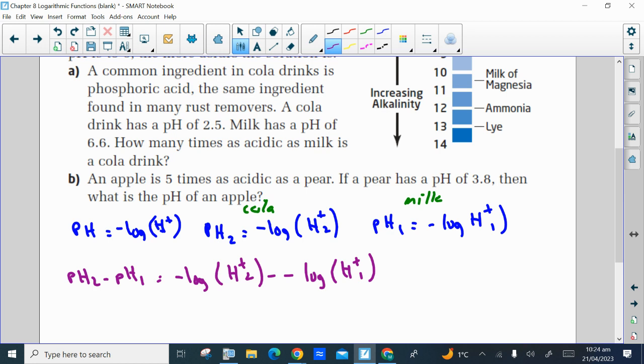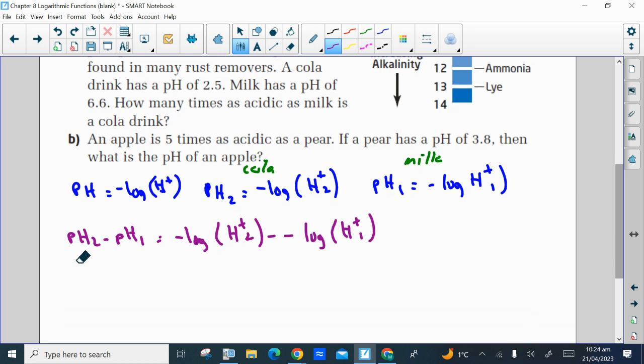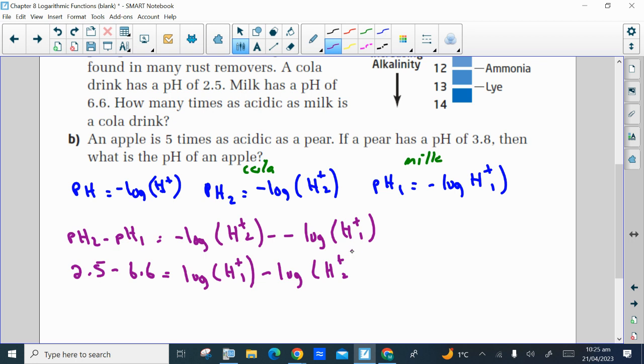We have the two pHs. The pH of the cola is 2.5. The pH of the milk is 6.6. On the right side, the minus minus would become a plus positive. So if we want, we could rearrange the terms. The log of H positive 1 would be first as a positive minus the log of H positive 2.